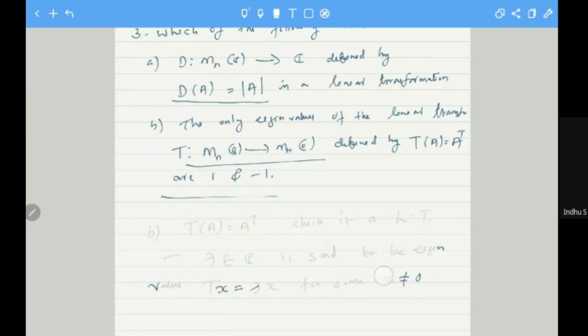So now we look at this problem. Our T is defined as T of A equals A transpose.